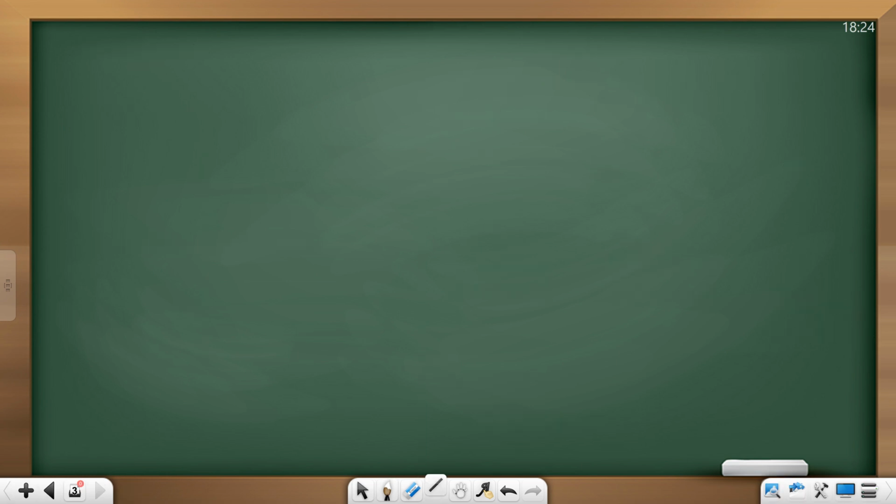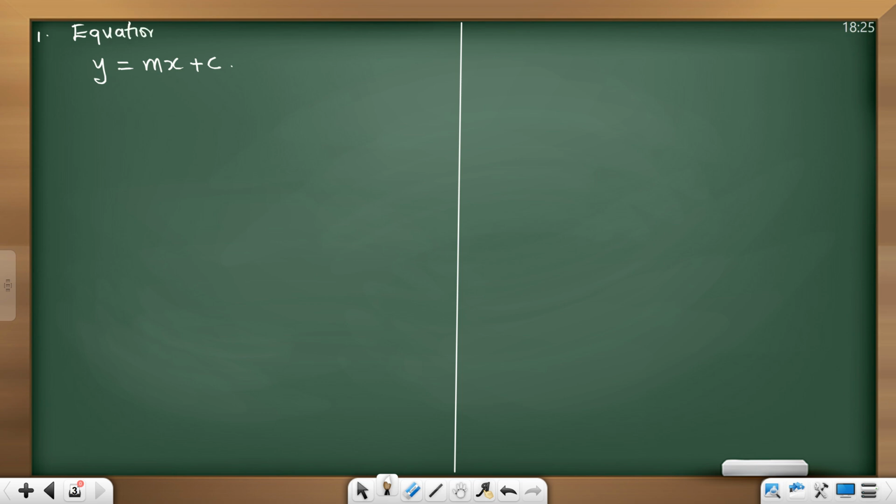Now, what are the concepts of gradients that I need us to find? We are on gradient, so number 1: y equals mx plus c. Let's label this equation of a line. So we can find our gradient there.